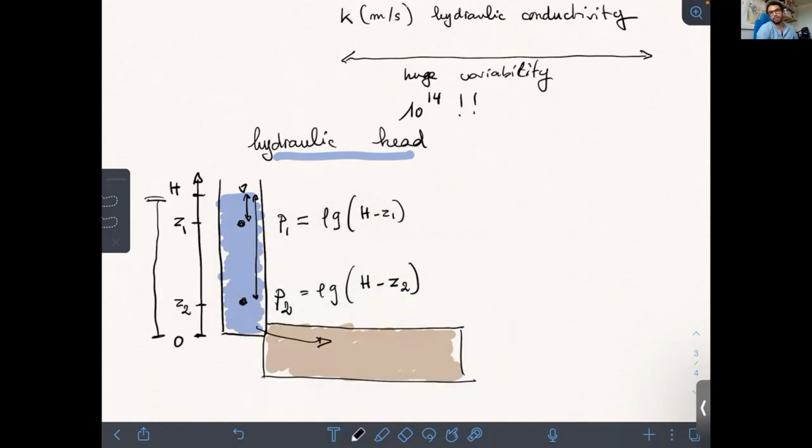So for any point, this point or this point, P1 or P2, they have the same water column. They have different pressure because they are at different depths in the system, but they have the same water column, the same height in total, and so the flow of water is not dependent on these two pressures, as we have seen with Darcy's law. It is just a function of the big H.